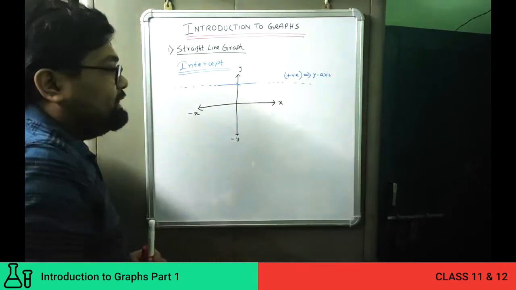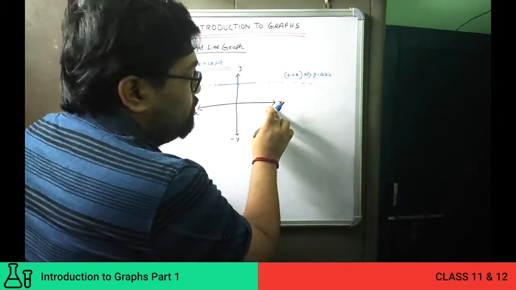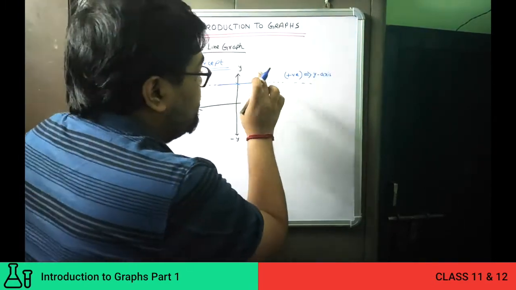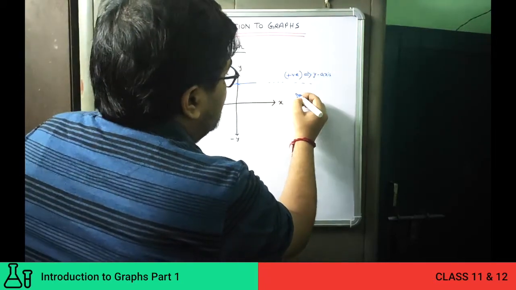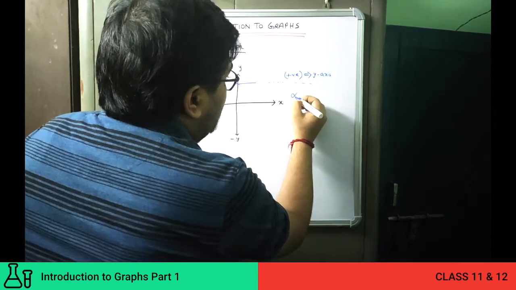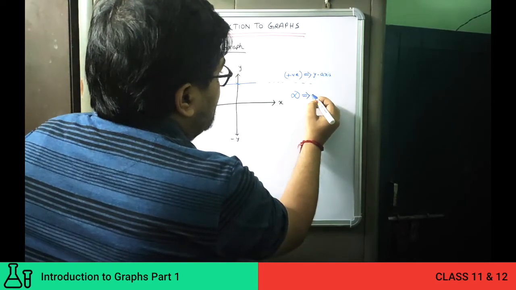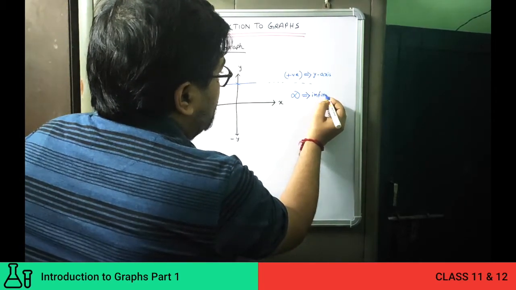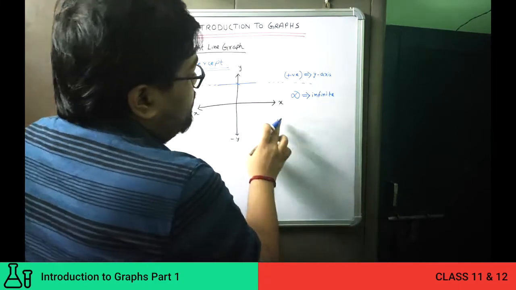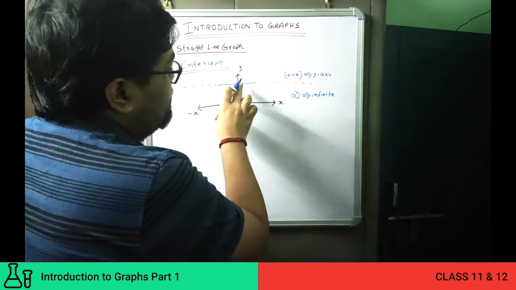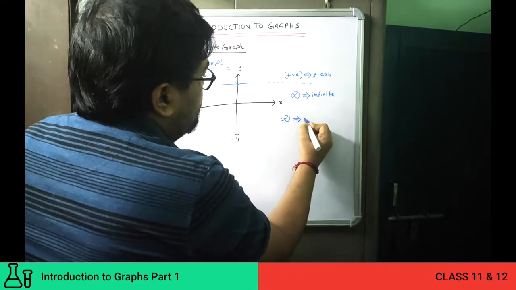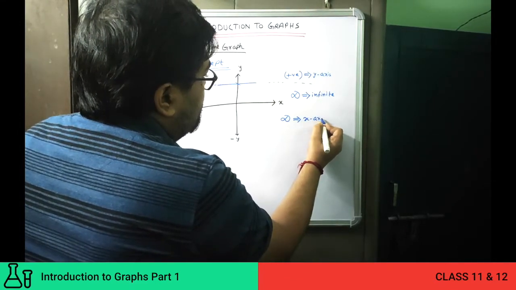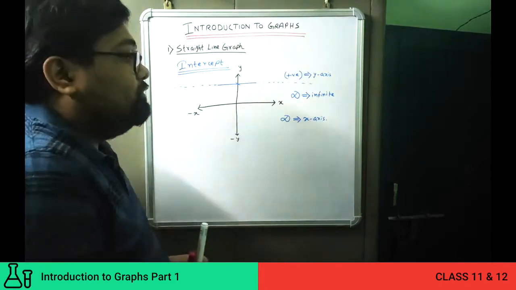So we can say that this line is parallel to x-axis, and if this line is parallel to x-axis, then the intercept will be infinite. This symbol is infinite. I hope you all know this. So with respect to x-axis, the intercept will be infinite.